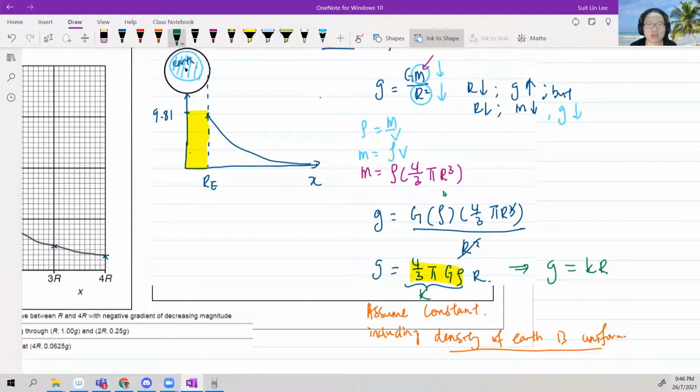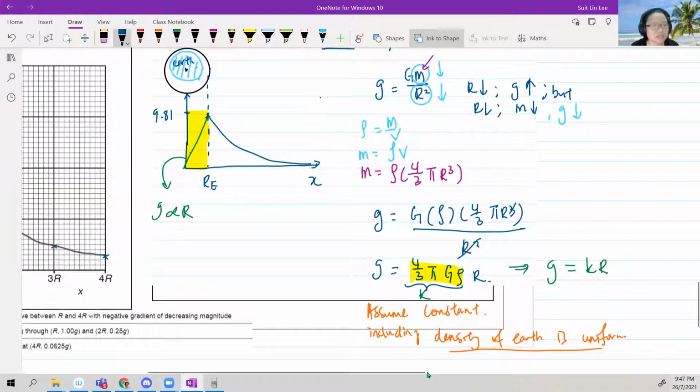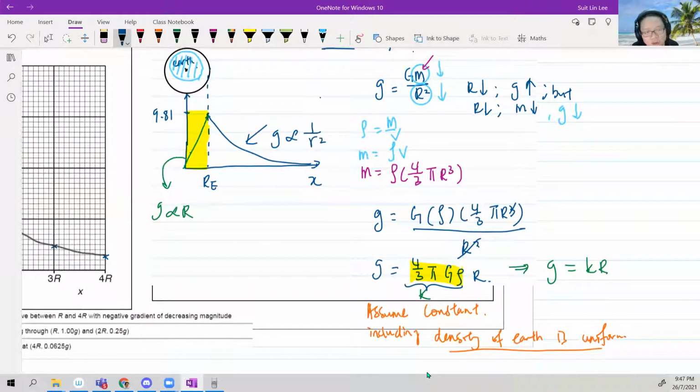This whole thing I call k. Teacher, this graph is a straight line passing through the origin. Correct? Because here to here, g is proportional to r. But the curve here, g is proportional to 1 over r squared.